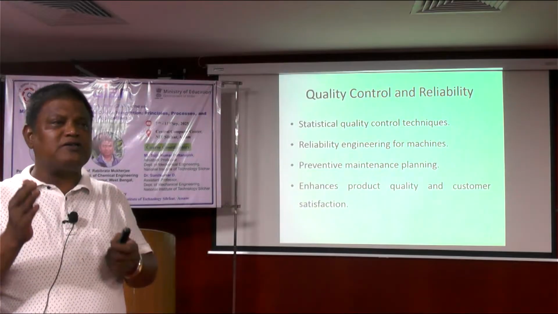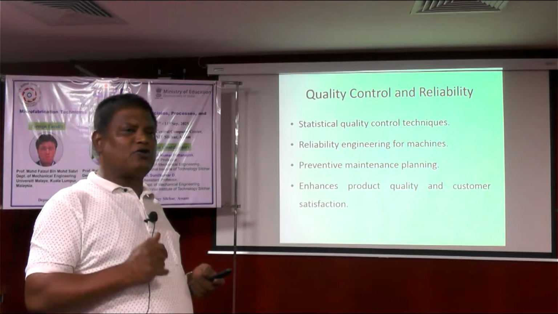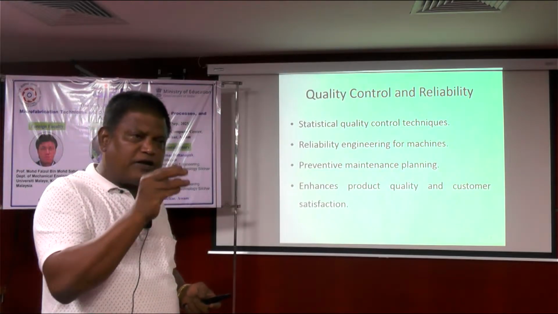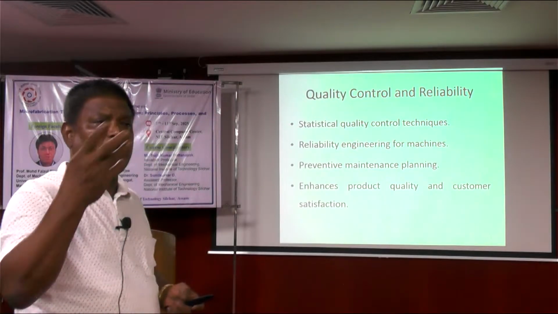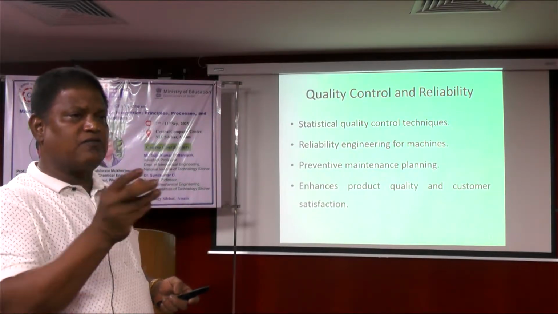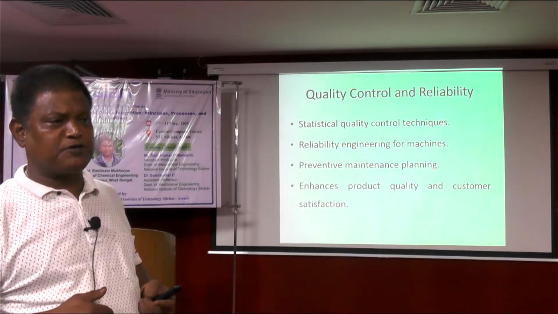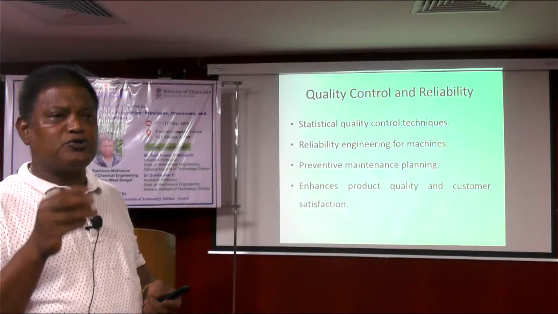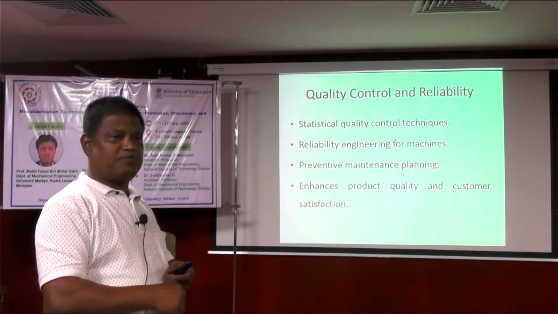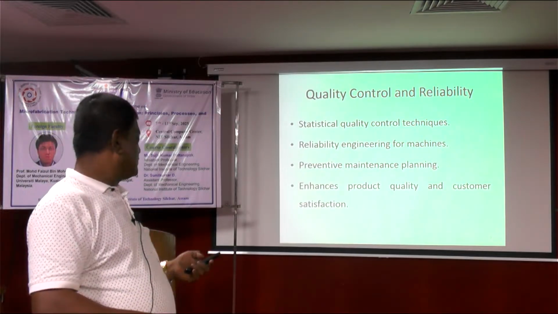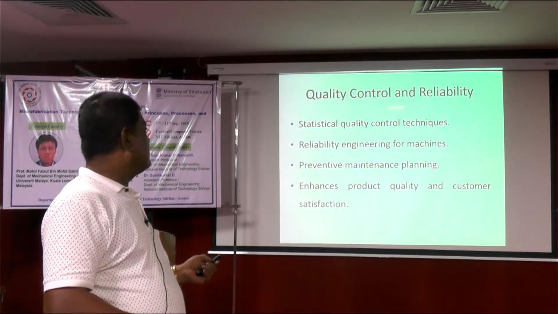To minimize scrap and loss, at each point of time, before production, during production and after production, we go for quality inspection, so that scraps and rejects are reduced to a minimum. So, to check quality and reliability.